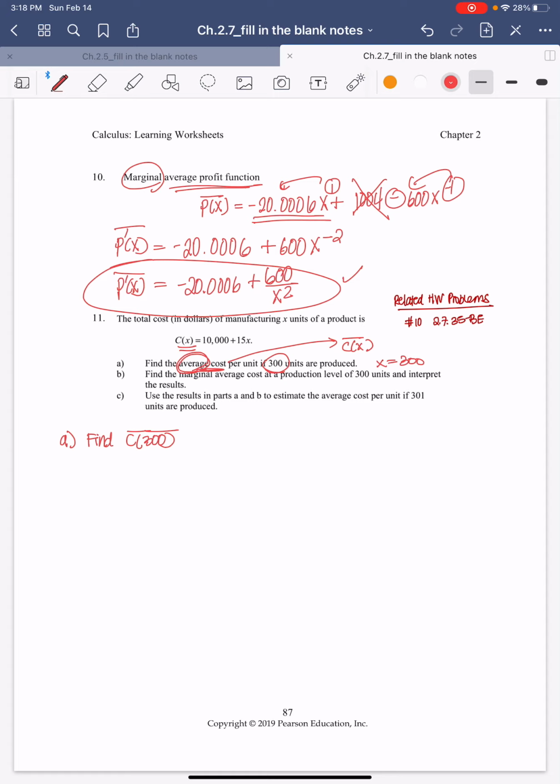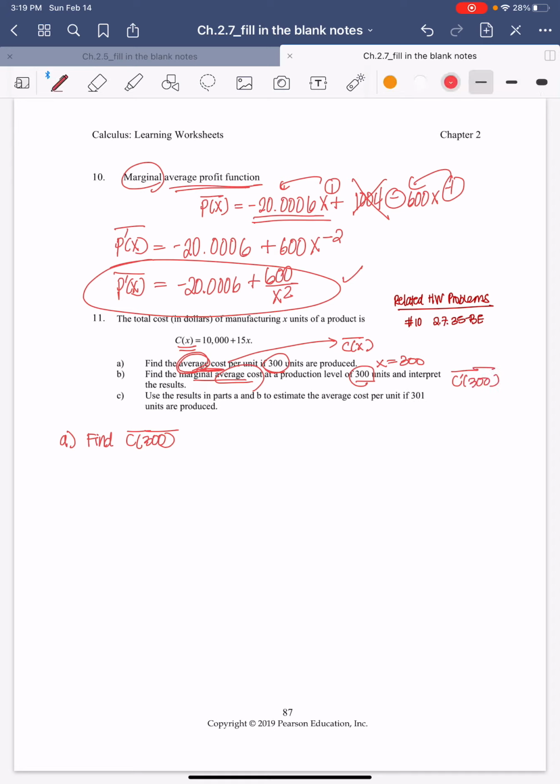Part B: find the marginal average cost. Marginal means take the derivative of what? Average cost, C bar of x, and you take the derivative when x is 300. So part B is very similar, asking for C bar prime when x is 300.